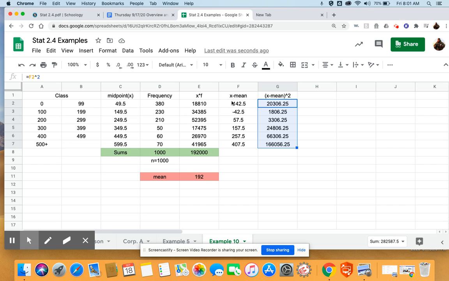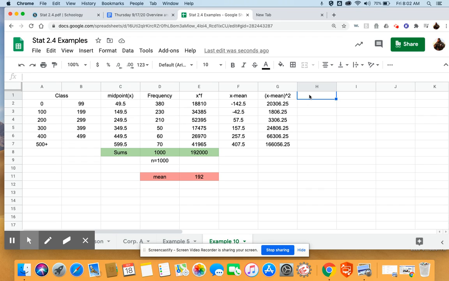For one data point in this class, 49.5, we know the deviation for that single data point is negative 142.5. But that data point occurs 380 times. So now that we've found that and squared that number, we've got to remember that this occurs 380 times. This value occurs 230 times, and so on down the list.